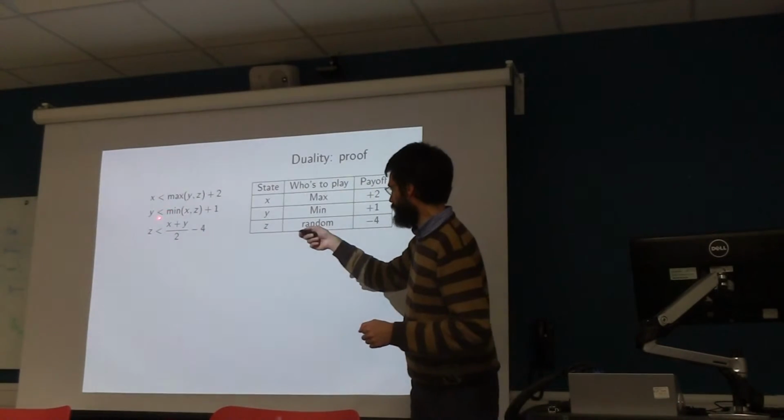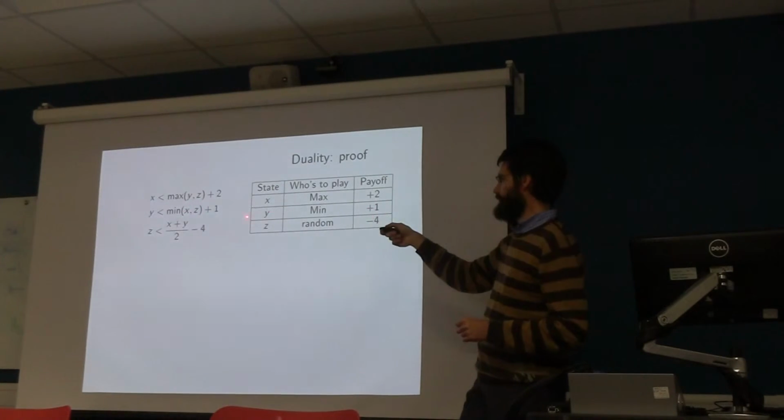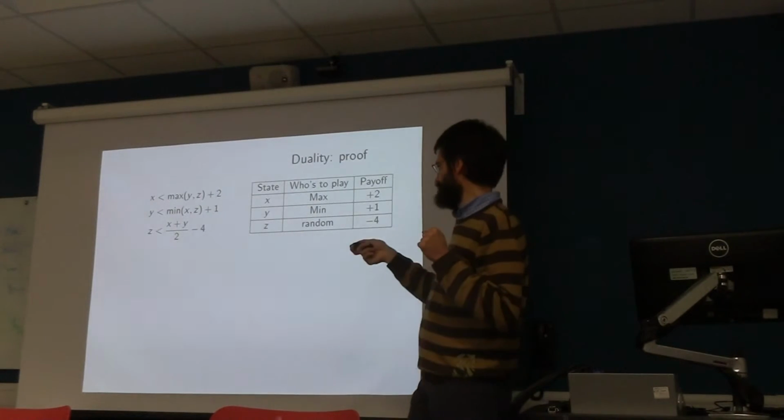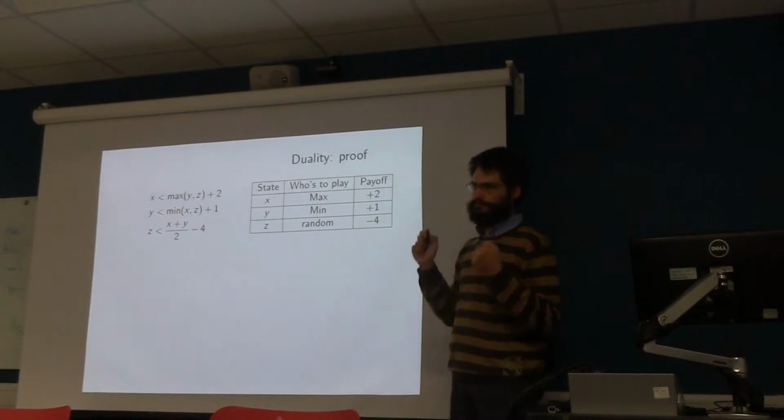When the game is in state Y, Min gets to choose the next state, and we book a payoff of +1. Finally, when the game is in state Z, the random player gets to choose, and we book a payoff of -4.